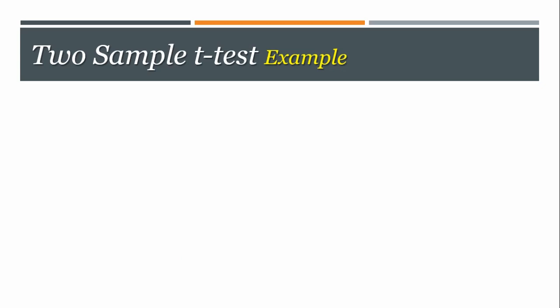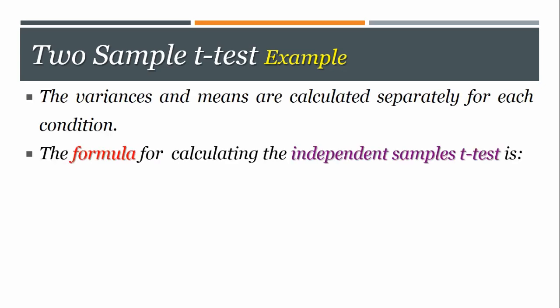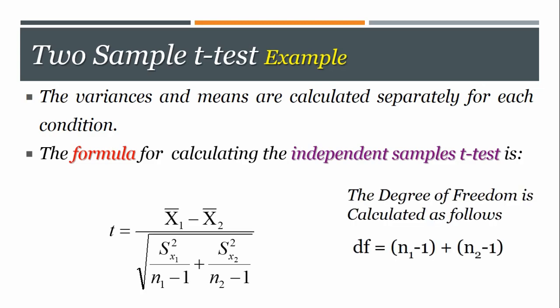Now we have calculated variances and mean values for both the given populations. The formula for the independent sample t-test is t equal to the mean of population 1 minus the mean of population 2, divided by the square root of the sample variance of population 1 divided by n1 minus 1, plus the sample variance of population 2 divided by n2 minus 1.